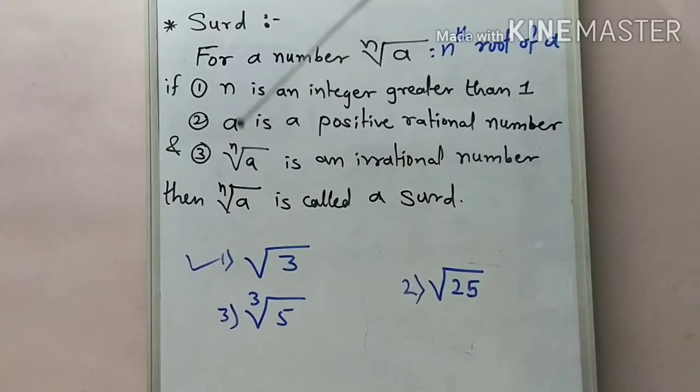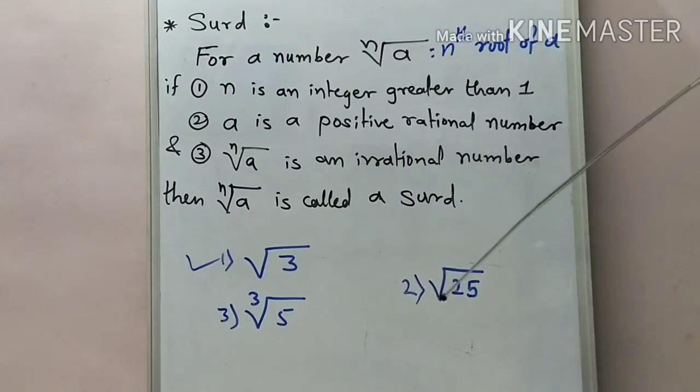Now the second example, root 25. According to these three conditions, n is an integer. Again no number is given, so we consider it as 2, which is an integer greater than 1, so the first condition is satisfied. A is a positive rational number. Yes, 25 is a positive rational number, so the second condition is also satisfied. But the third condition is that the whole number, the nth root of a, is an irrational number.